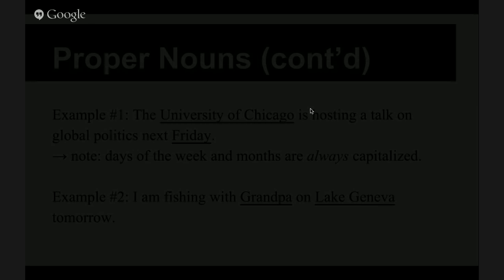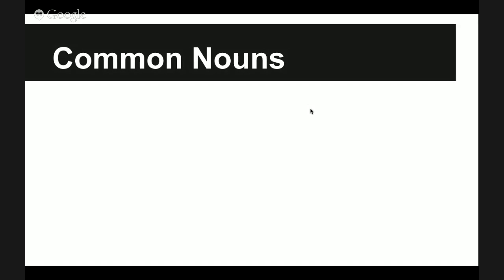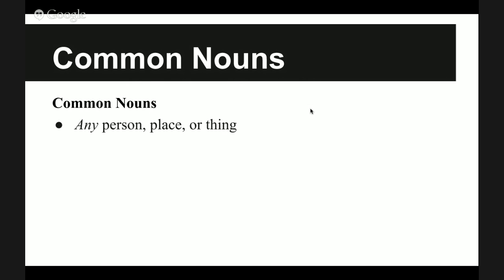And we'll move on to our second type of noun, and that is the common noun. Common nouns are basically the opposite of proper nouns. Where proper nouns refer to specific people, places, things, common nouns can refer to any person, place, or thing.